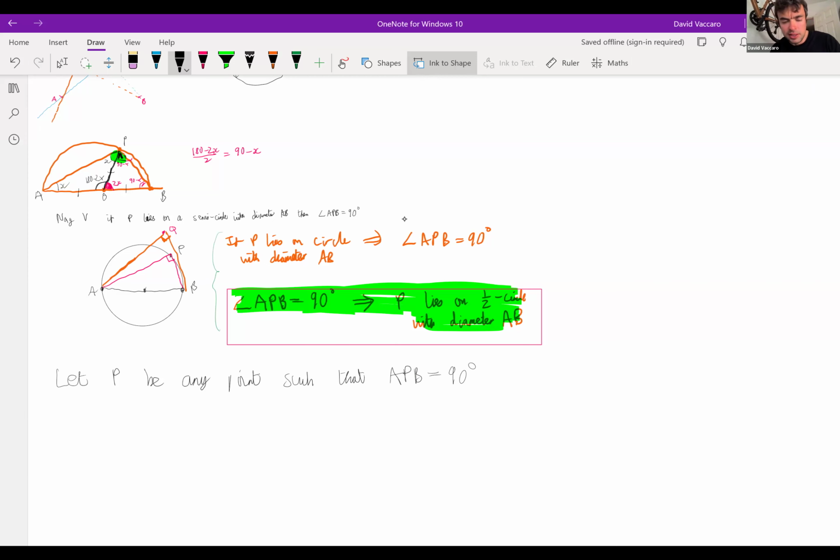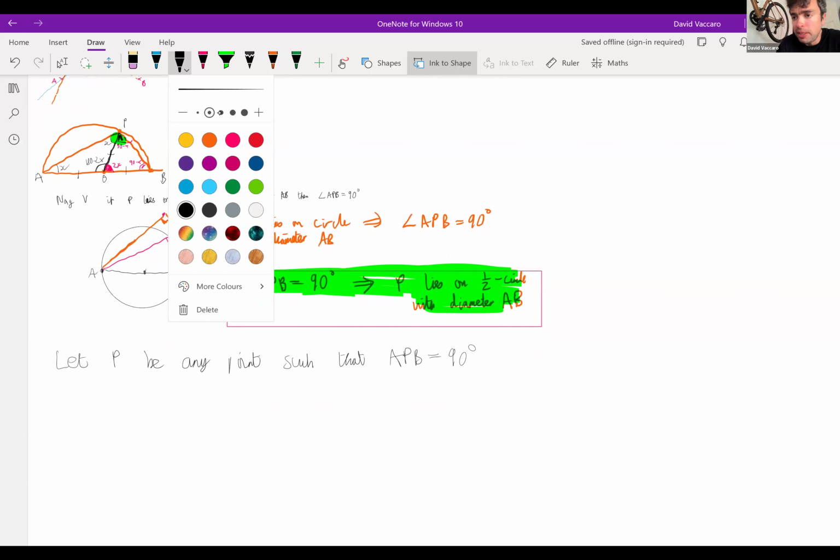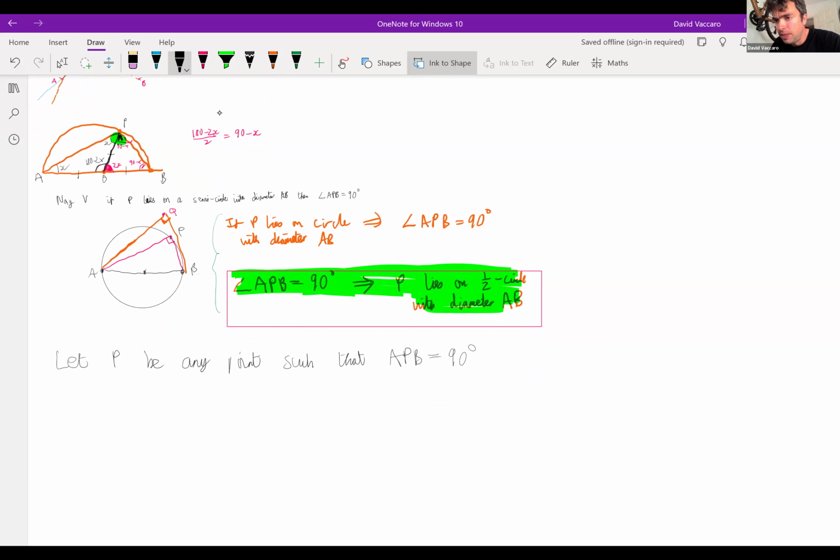Now I'm going to do this using coordinate geometry. And this is a trick, as I say, that you'll meet time and time again in physics. So at the moment, I just know that the points A, P, and B are related by this diagram, that APB is 90 degrees. What I'm going to do is introduce a set of coordinate axes.